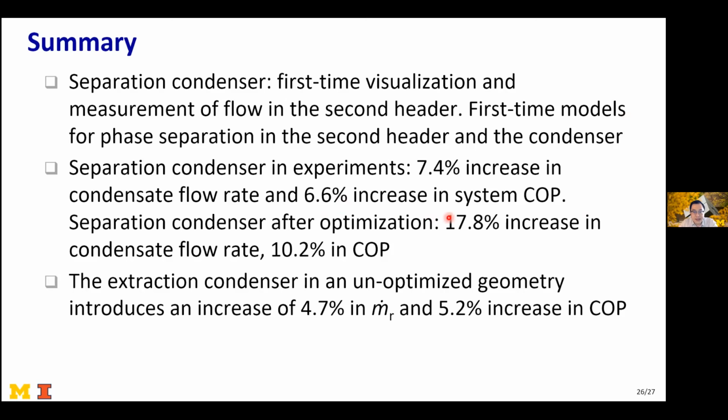The improvement is further pushed for the extraction condenser, in an unoptimized condenser geometry, where we see a 4.7% improvement in condensate flow rate and about 5% improvement in the system COP.